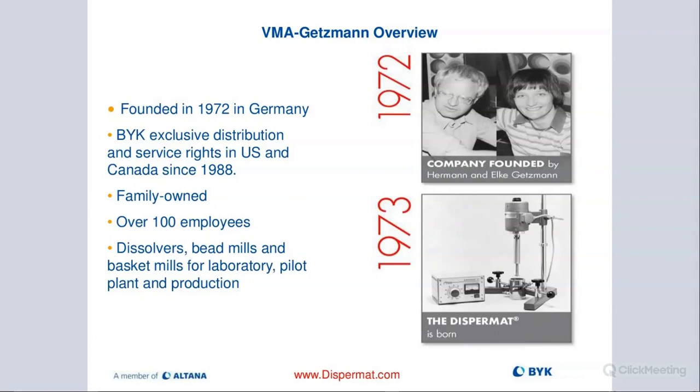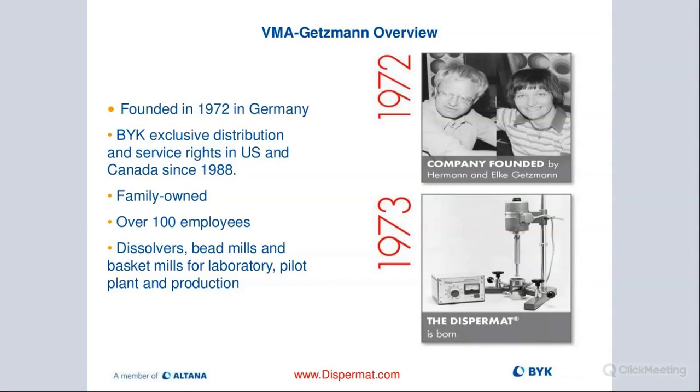BIC was one of the first customers of VMA disper mats in Germany, BIC Chemie. And basically, they brought some of these dispersers over to the US and had them run in the lab up in Connecticut. And they brought customers into the facility to show them around. And a lot of customers that came in were really impressed by the quietness and by the efficiency of the disper mats that they saw.